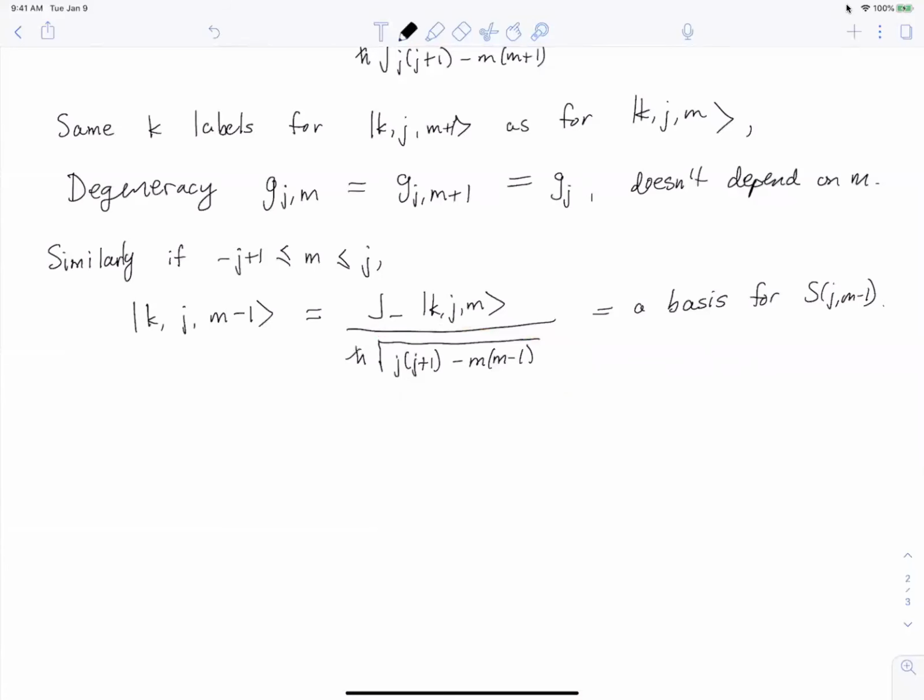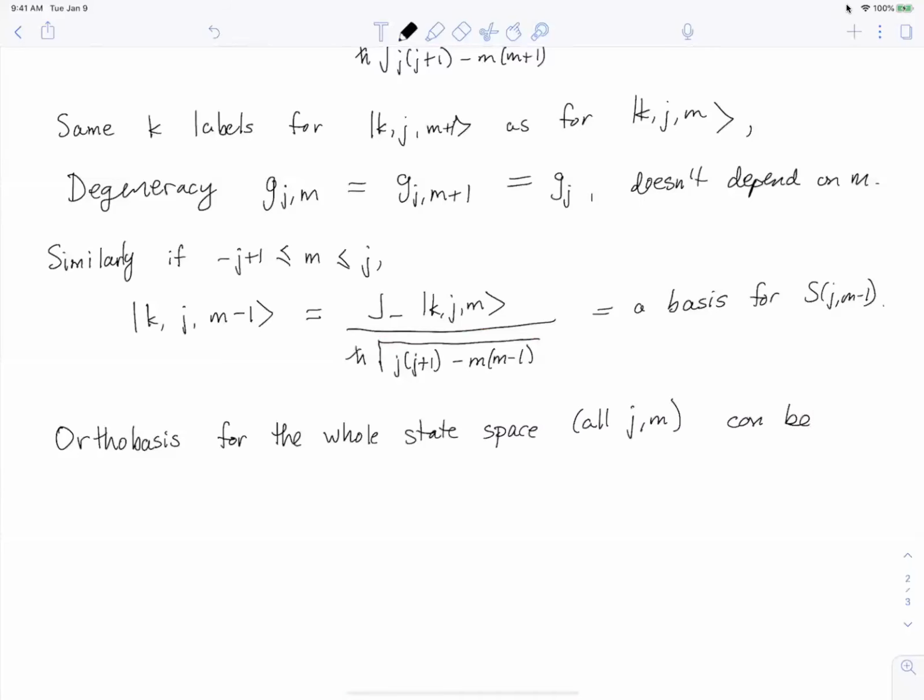Okay, and so by doing that, we get an orthobasis for the whole state space, which means all j's and m's can be constructed if we just have one of them with one value of k and j.